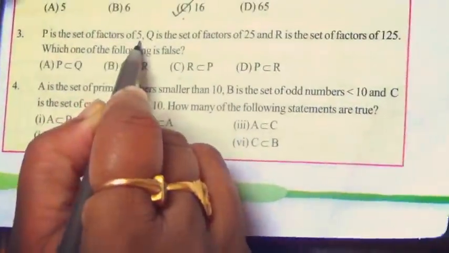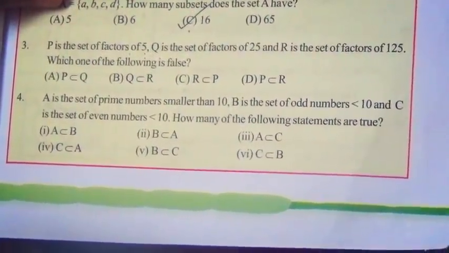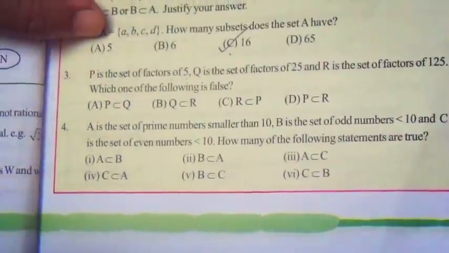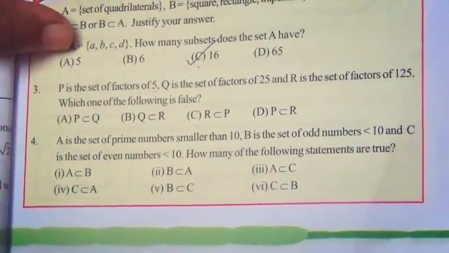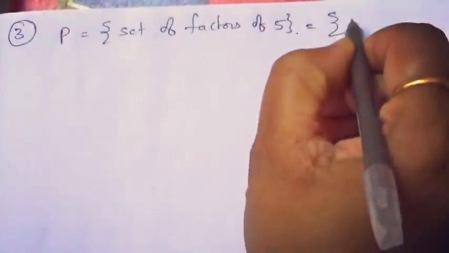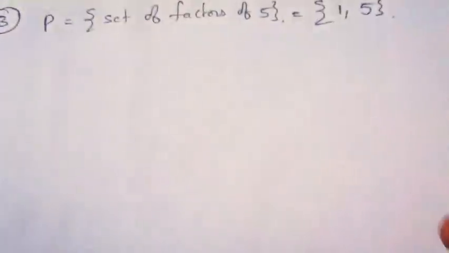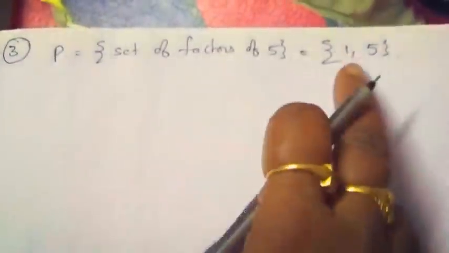P is the set of factors of 5. What are the factors of 5? Only 1 is a factor of 5 and 5 is a factor of 5. That's it. P is equal to the set {1, 5}.